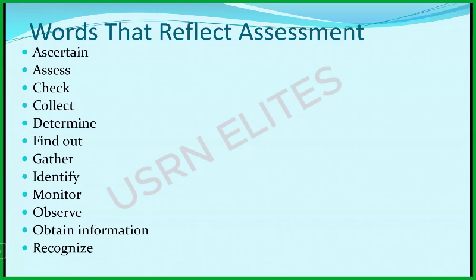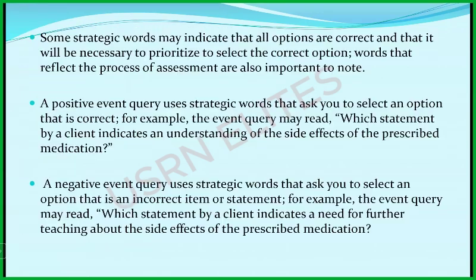And what will be observed in a patient who is having hypoglycemia? What information would the nurse obtain? How would the nurse recognize that this patient is having a transfusion reaction? These words all reflect assessment.